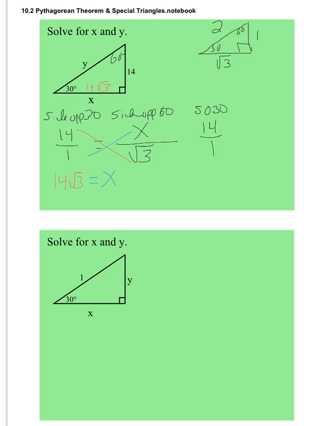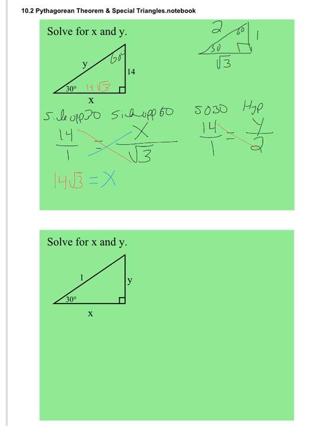That's the triangle that I'm looking for the y value in versus the reference triangle's side opposite 30. So now I'm going to look at the hypotenuse. For my right triangle, in which the side opposite 30-degree angle is 14, my hypotenuse is y. For my reference triangle, the side opposite the 90-degree angle, the hypotenuse, has a length of 2.